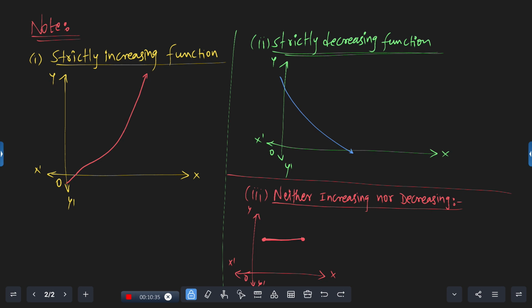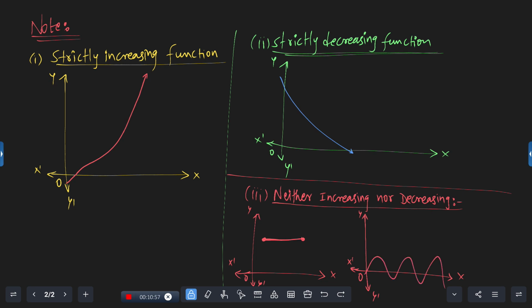One more diagram. In the same way, this is my x dash, y, y dash, origin O, x. Listen carefully. You can take any trigonometric function. Take the sine function. It will be going through the origin. It will be going like this.